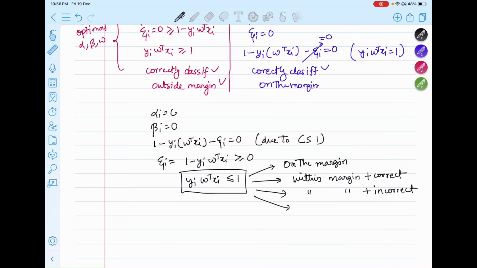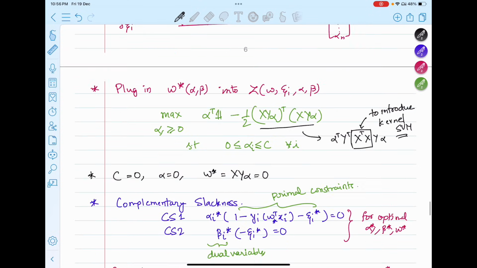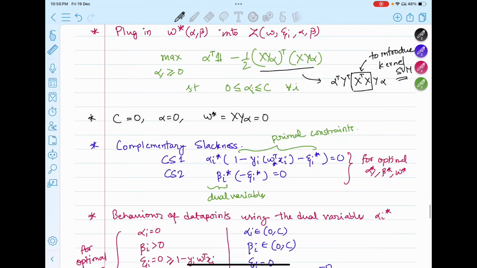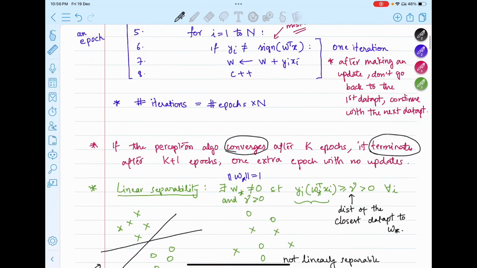It can also mean outside margin plus incorrect classification. All the four possibilities are there. Okay, that is more or less all about the revision all the way from perceptron, then logistic regression, and then SVM.